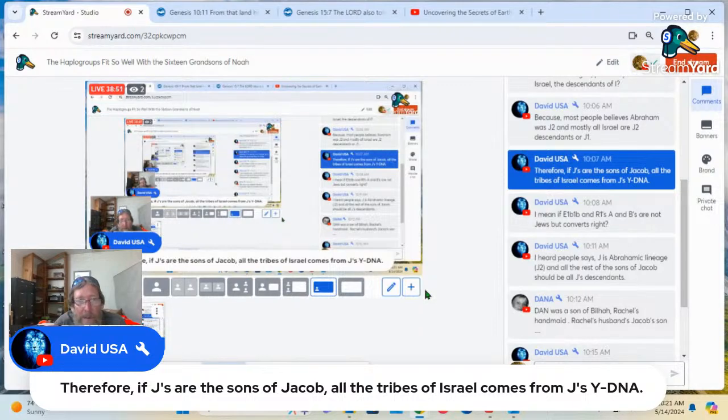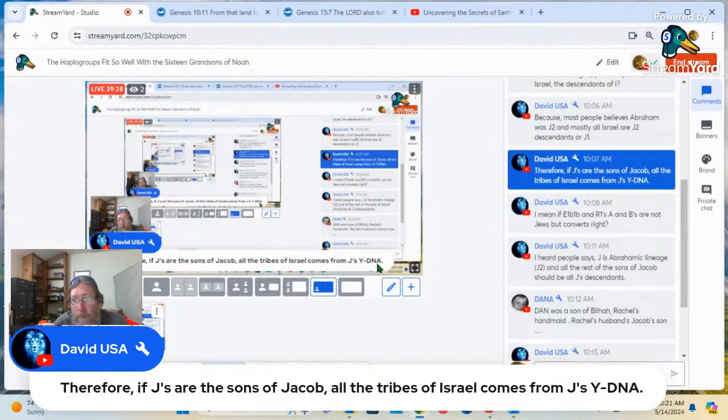Whenever a population is far removed, they end up assigning it a different letter designation. So the I1 and the I2 in Europe are so far removed from the J's that they have their own letter designation.